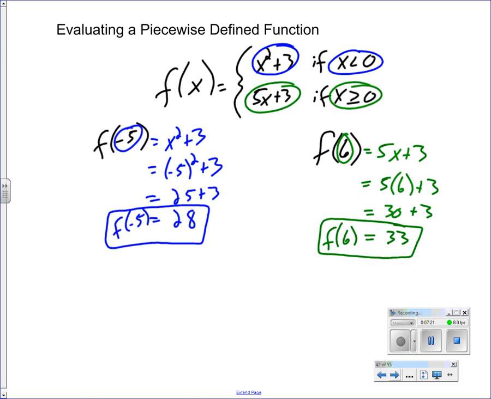Depending on what number we're putting in, we'll actually evaluate the function differently, and that's one of the confusing pieces about a piecewise-defined function: we're not always using the same rule. Depending on where our input occurs, we could be using a number of different rules.